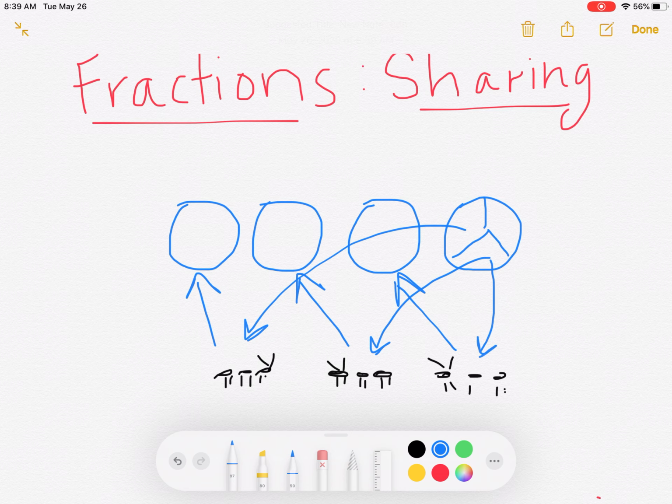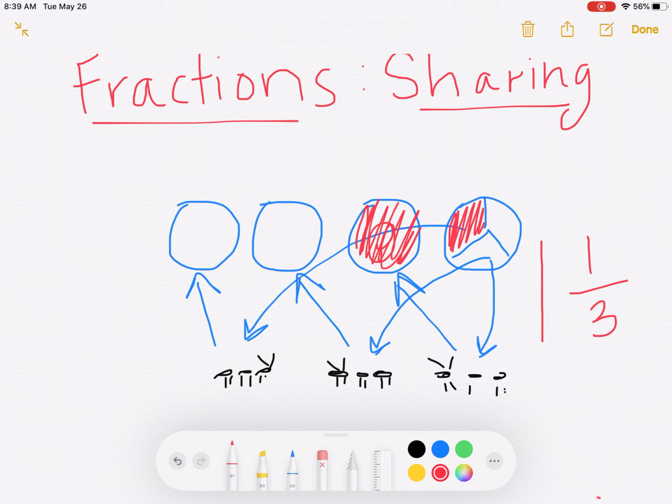So how much does any ant get? Well, they get a whole cookie to themselves as well as one of those thirds. So they get 1 whole cookie, and they also get 1/3 of a cookie. We also read that as 1 1/3.